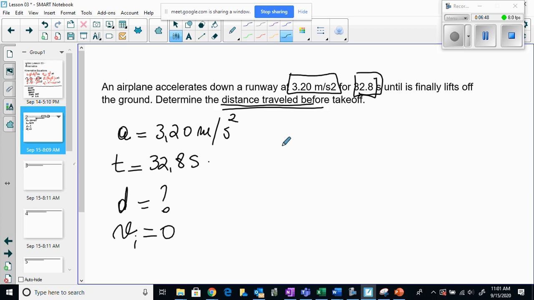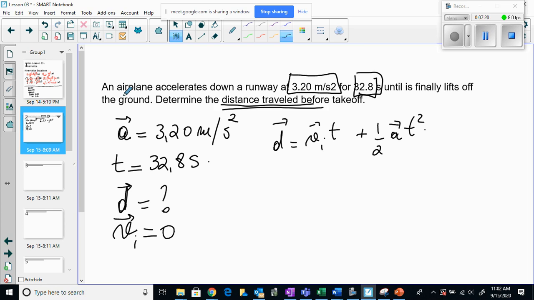Okay. So now we will have displacement is equal to v initial time plus 1/2 acceleration time squared. Good. Now you notice here that those vector quantities are written with a vector sign. However, since we have all the motion happening in one direction, you can ignore it.